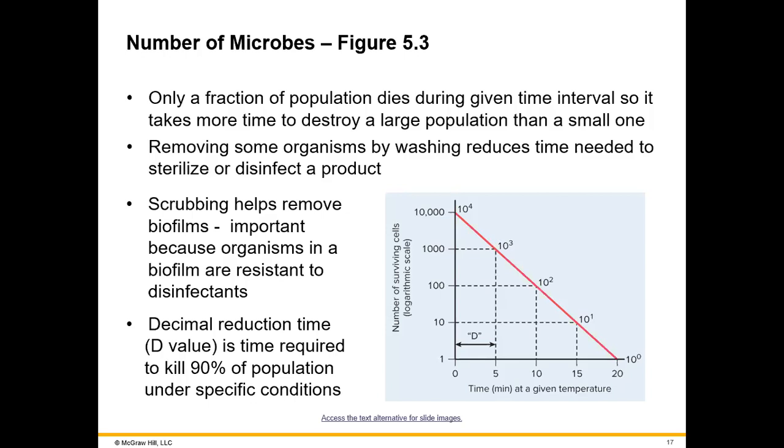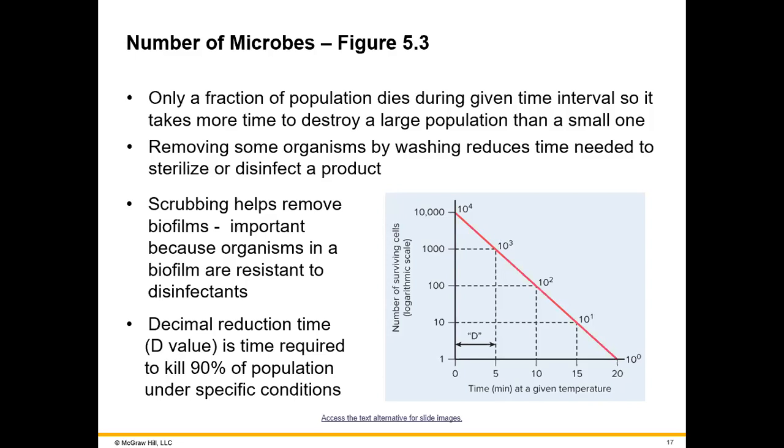So essentially, microbes are killed 90% each time period. This is the so-called decimal reduction time, or D value. So if you start with 10,000 microbes and you apply your treatment at a given time and temperature, you will reduce the microbes from 10,000 to 1,000, a 1 log unit reduction. The next unit of time and temperature will reduce the number to 100, then down to 10, then 1, then 0.1, and so forth.